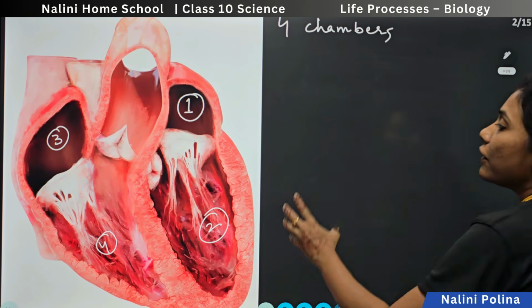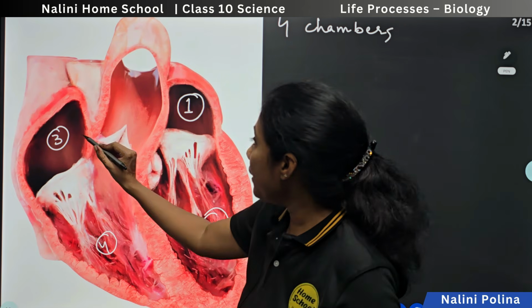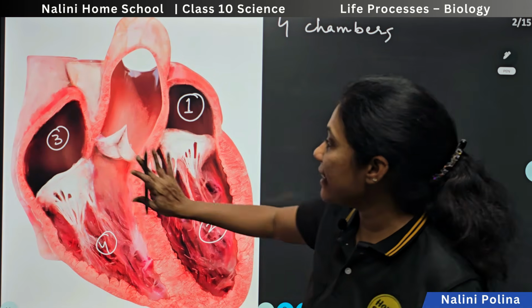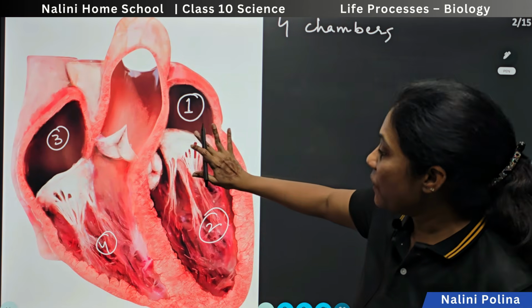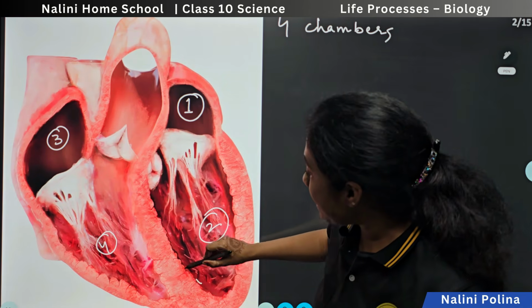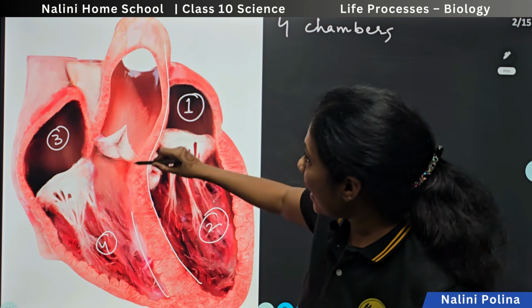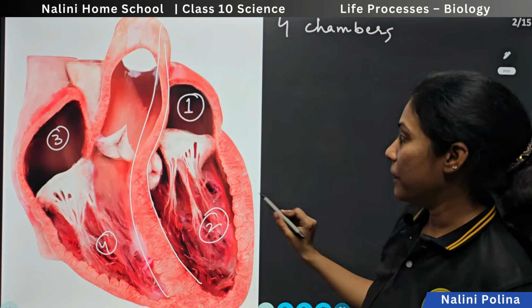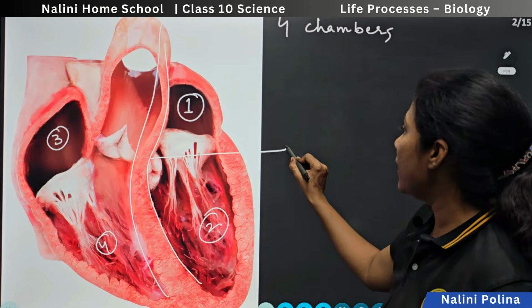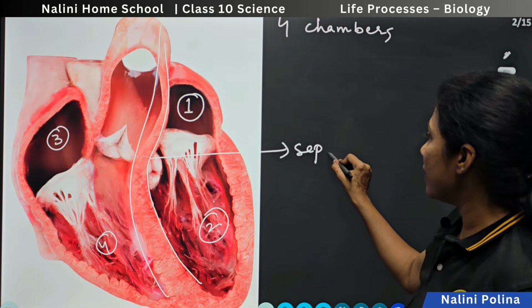These are the four chambers, and this is the left side and this is the right side. The left side and the right side are separated very prominently with the help of the septum. This is what we call the septum here.